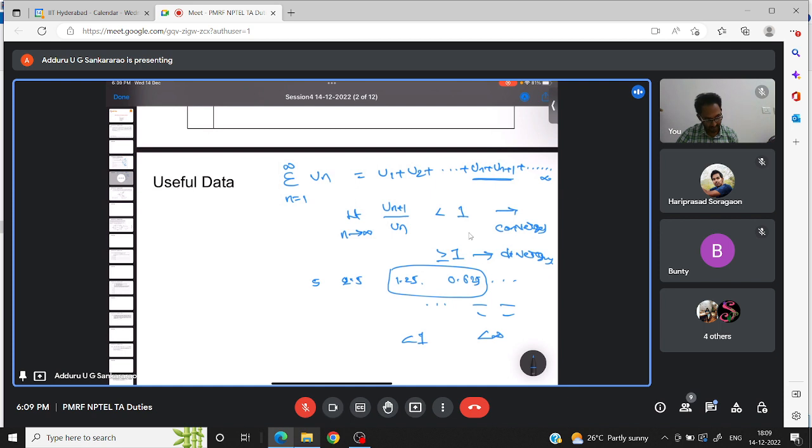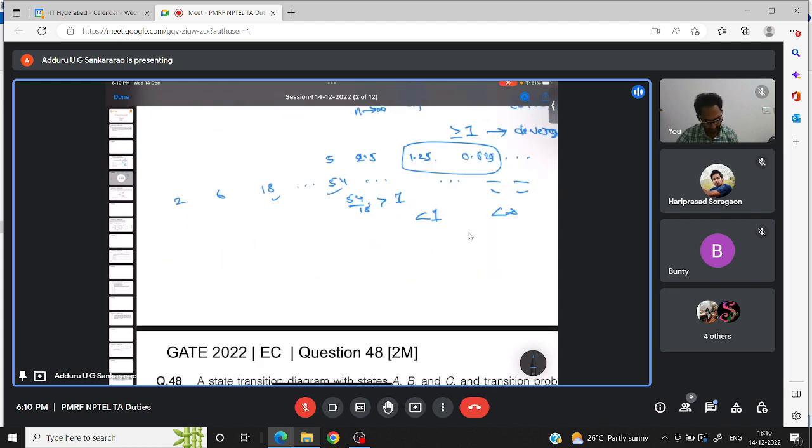Suppose the ratio is greater than 1, say a series 2, 6, then 18, then 54. Here it is increasing. The ratio 54 by 18 is 3, greater than 1. That means it is increasing, so it will be divergent. In signals, take a discrete signal.